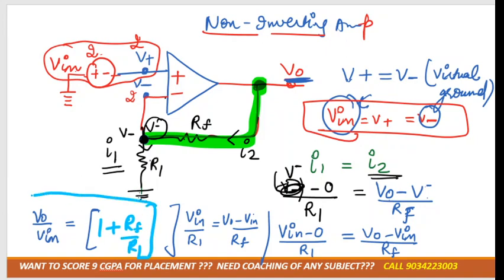This is our final answer for V naught by V in. Got it? So for the inverting amplifier, what is the gain? That is minus RF by R1. It is the voltage gain, denoted by AV. Okay.